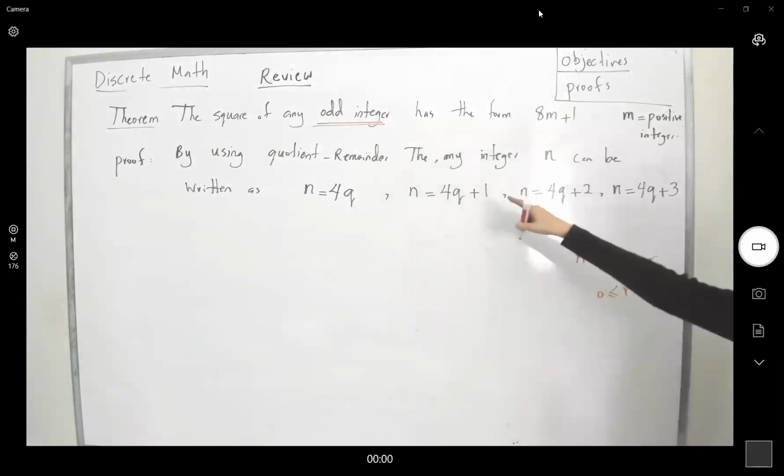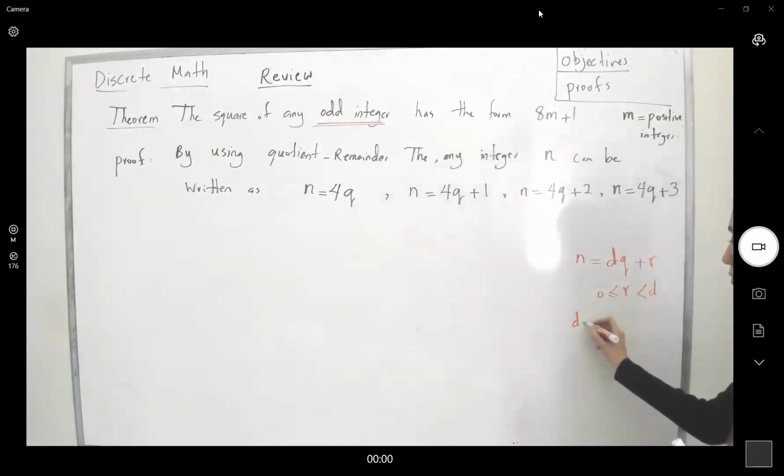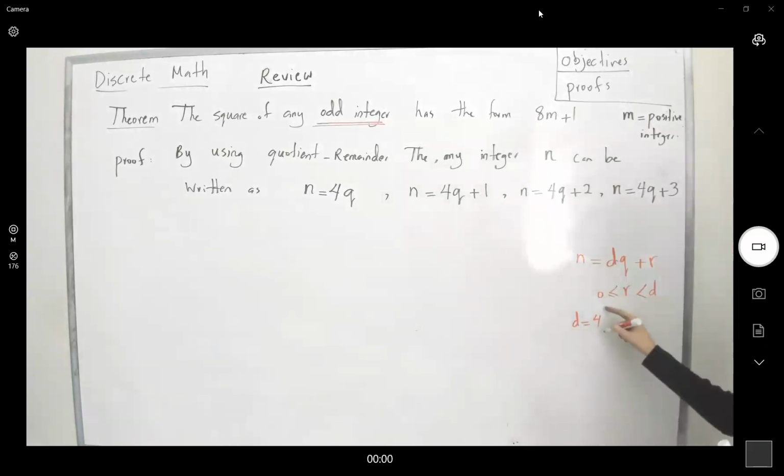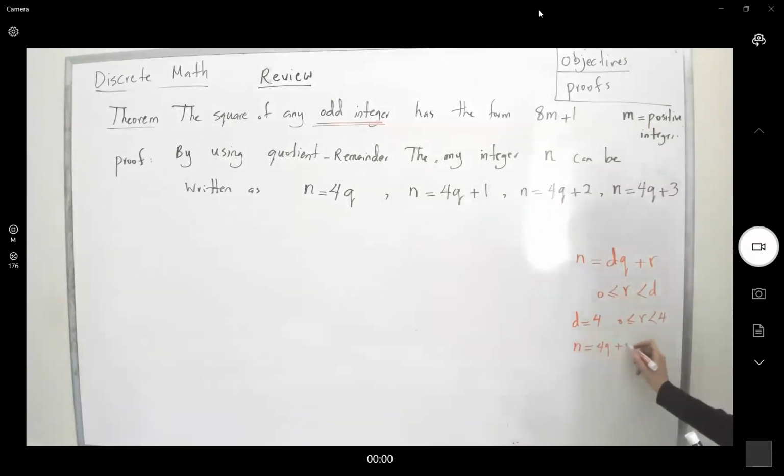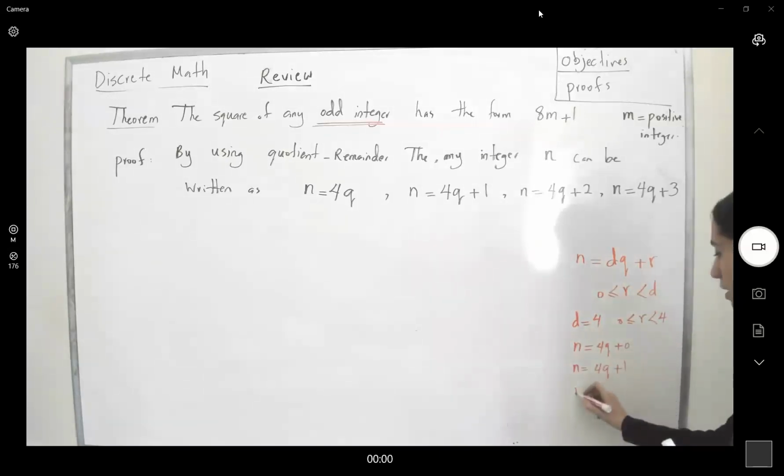In this case, our d is equal to 4, so your r is in between 0 and 4. So n can be written as 4q plus 0, 4q plus 1, 4q plus 2, and 4q plus 3.